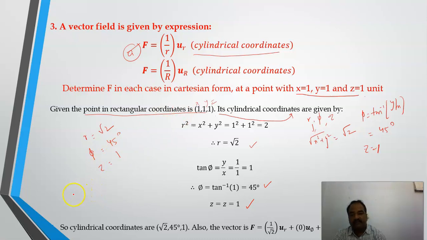If you carefully see, the vector is given as 1 by r ur, which means the other components, phi and z, are 0. And the r value I have already computed, so its actual value is 1 by root 2 ur plus 0 u phi plus 0 uz. So this is your actual vector now. This vector I am now writing in cylindrical coordinates.